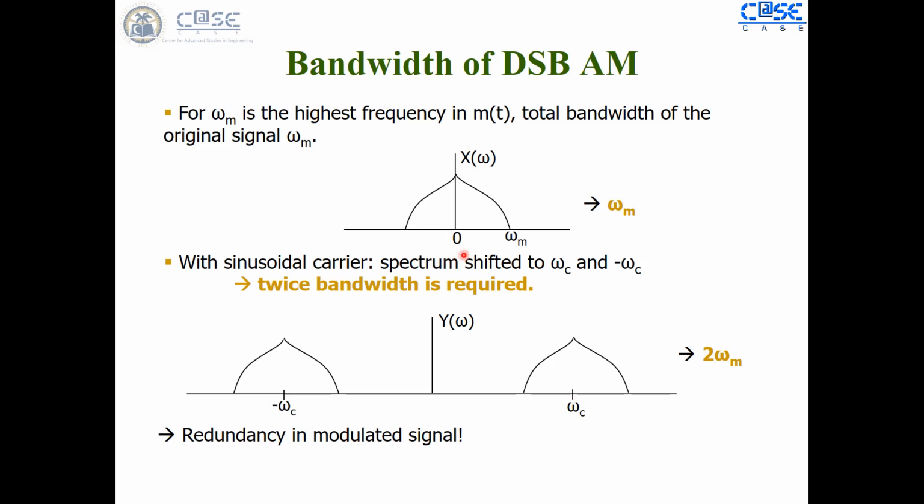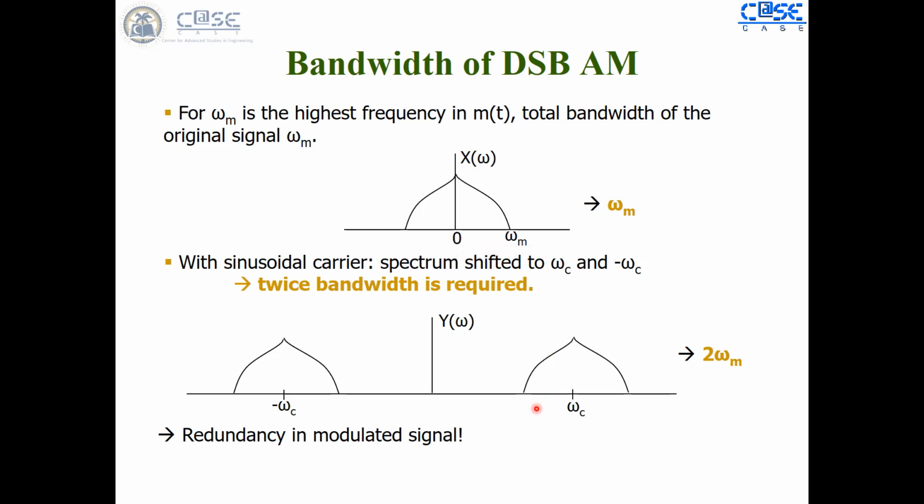So the previous bandwidth was 0 till omega m, and now the bandwidth is from omega c minus omega m till omega c plus omega m. So the overall range becomes twice compared to the original range, which is 0 till omega m.